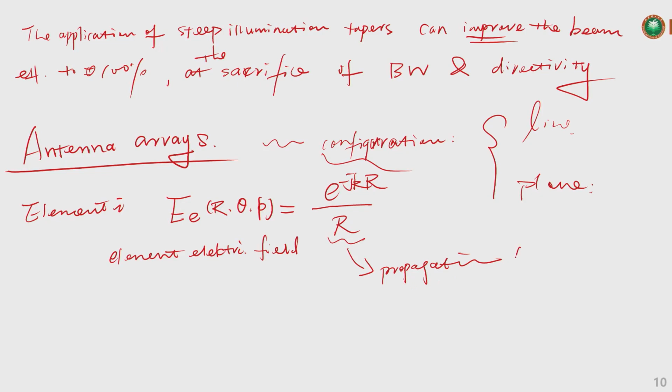From this propagation factor, we can recognize whether it is a plane wave or a spherical wave, something like that. And then there is another factor, F theta phi, which defines the direction.